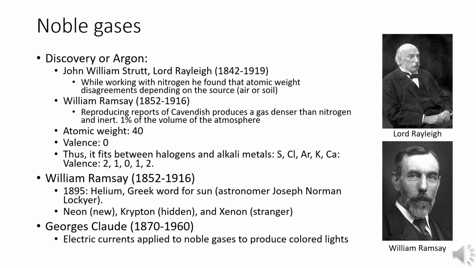The name was given by the astronomer because he took the spectra from the light during a solar eclipse, and he could deduce that the atmosphere of the sun contained helium. So when Ramsay identified this element on Earth, it was the first time it was seen on Earth.